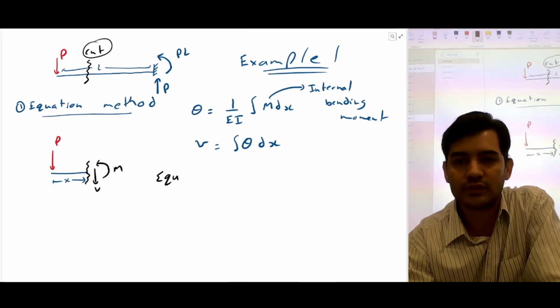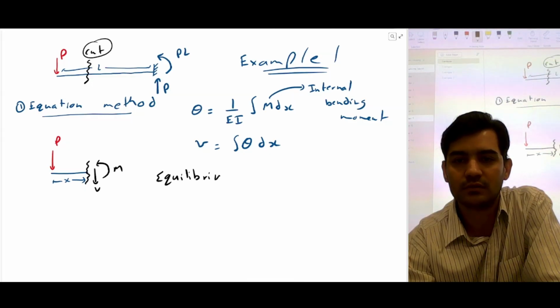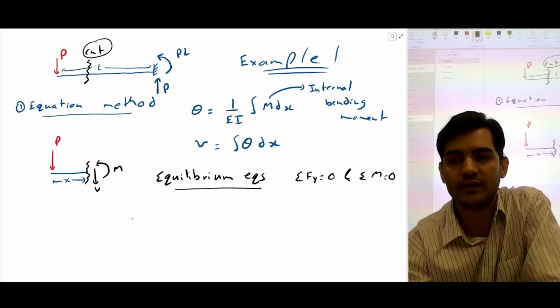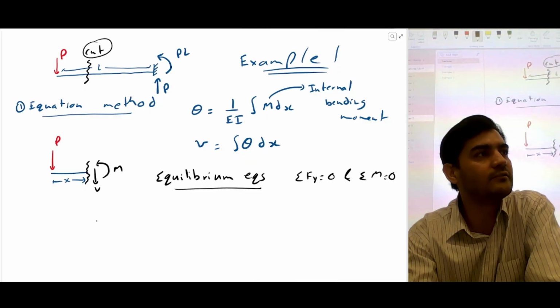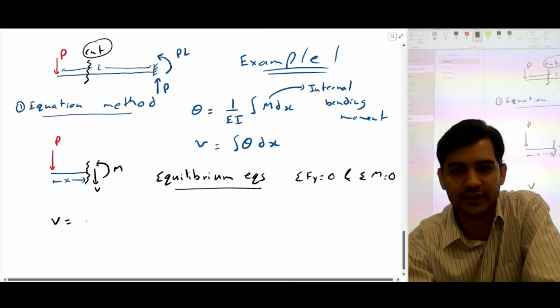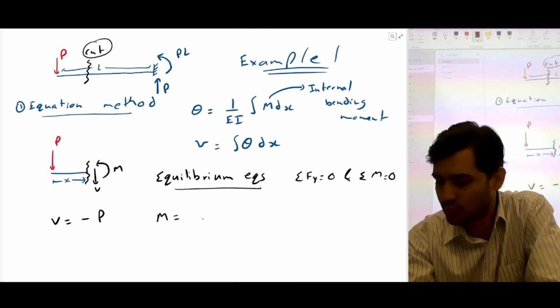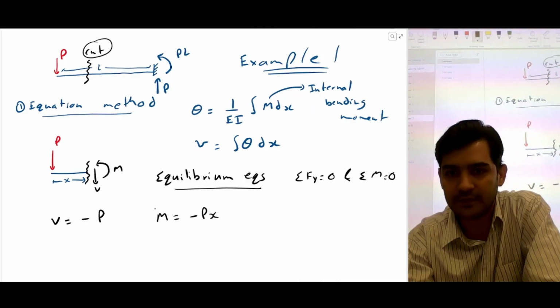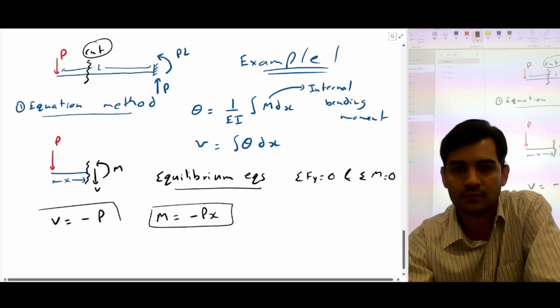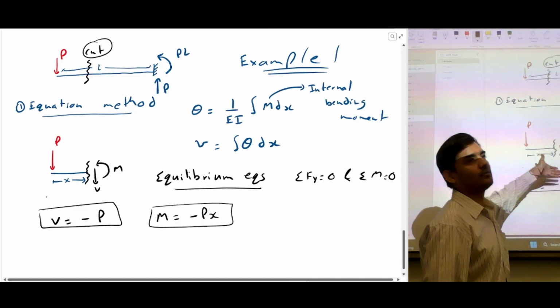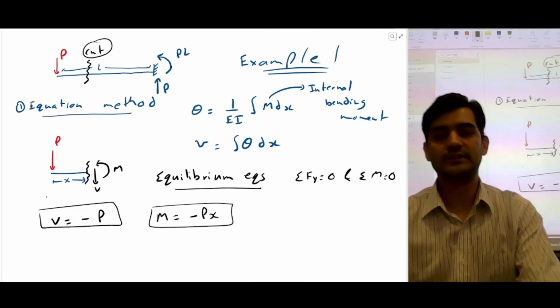You can use equilibrium equations, summation of F y equal to 0 and summation of moment equal to 0, and calculate the values of V and M. So V would be equal to negative P, and M would be equal to negative Px. So this is what you're going to get.